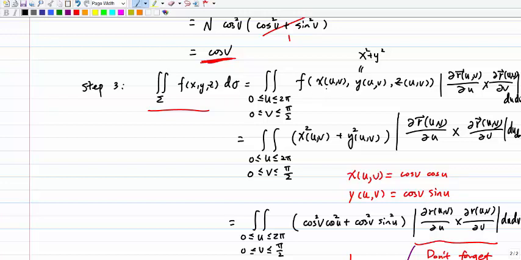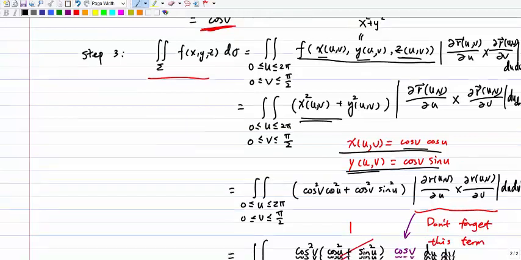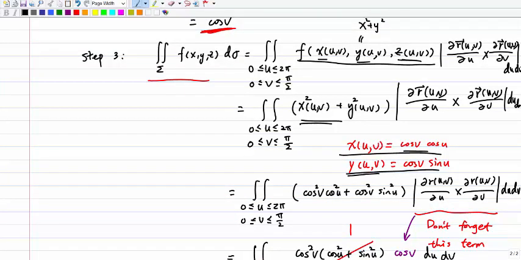So what do we have to do? We just replace this x, y, z by its parametric form, which is already written over here. So we replace x by here, y by here, and I don't need to care about z because there's no z in my function. I also replace the lower and upper bounds.